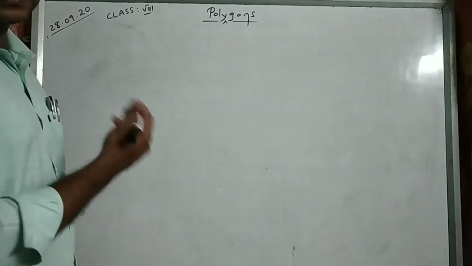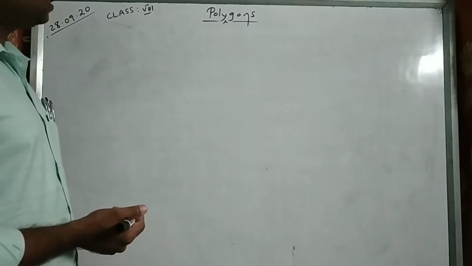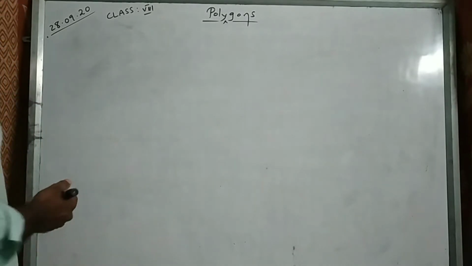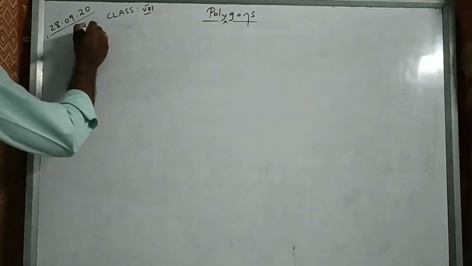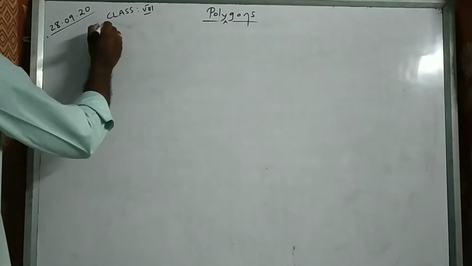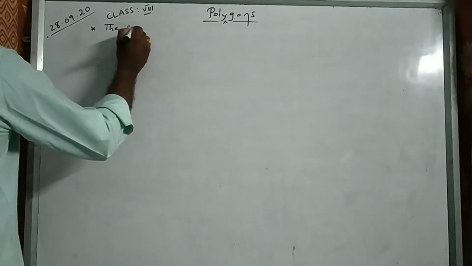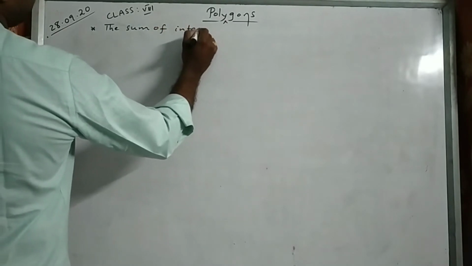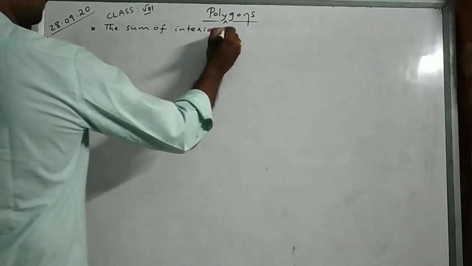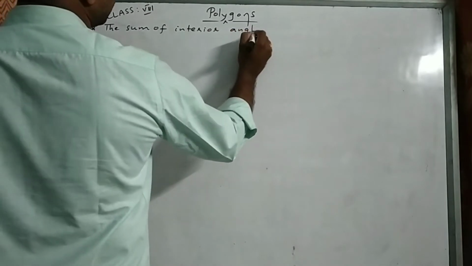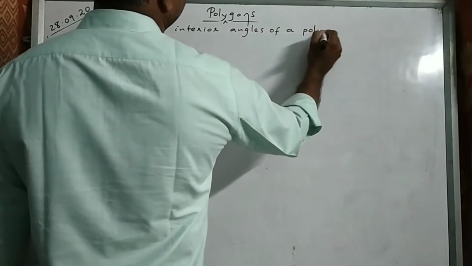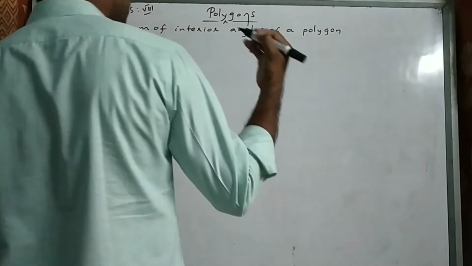So in the previous class we started polygons and some introduction was given. Here I told you one formula: the sum of interior angles of a polygon, which can be regular also.